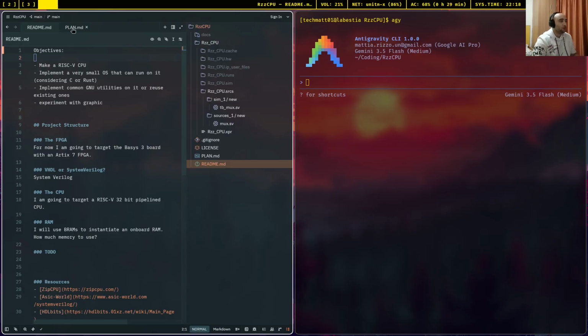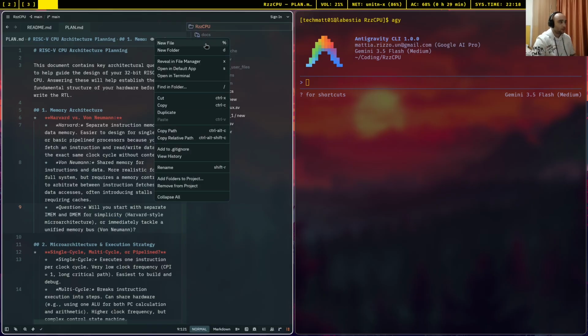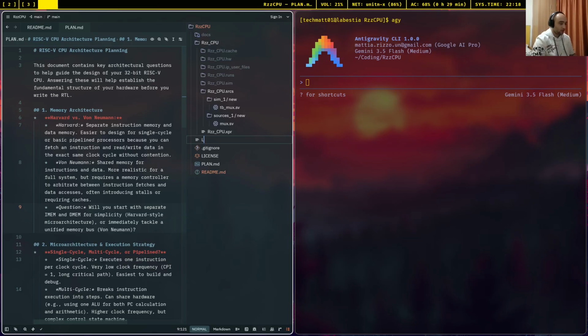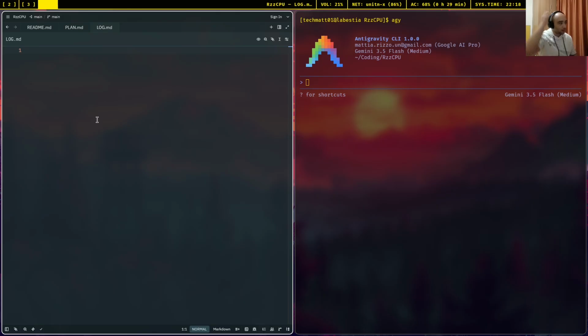I want to create a new log file. I'm gonna call it log.md, and I'm gonna use that as a way to keep track during the weeks or months or however long this project is going to be.